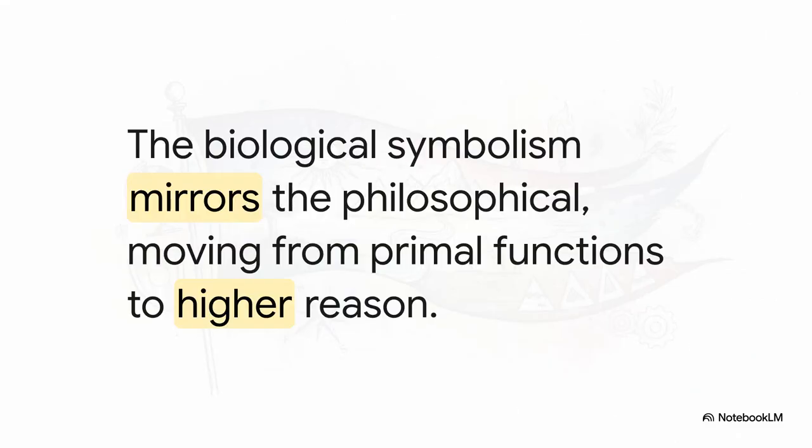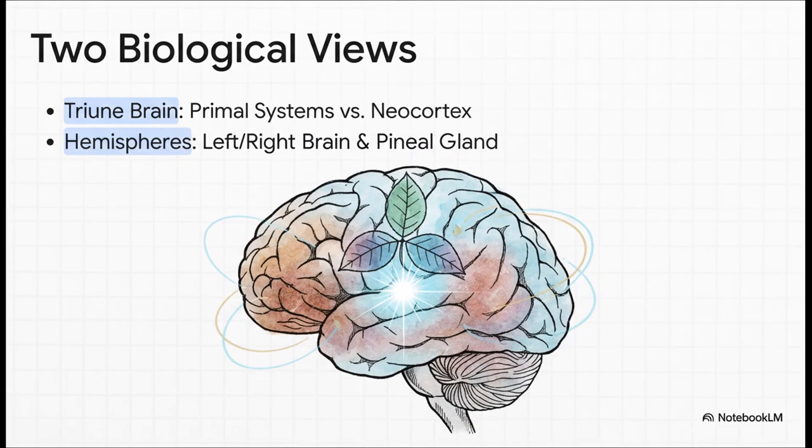Okay, let's switch gears a bit. The next layer of symbolism is the biological one. And what's cool is that it actually mirrors that same philosophical idea we just talked about. Moving from a conflict between lower primal functions to a higher, more reasoned resolution. The source actually puts forward two different biological interpretations. The first one is based on the triune brain model.